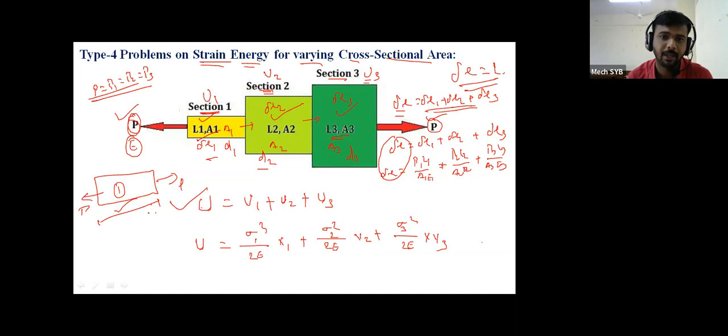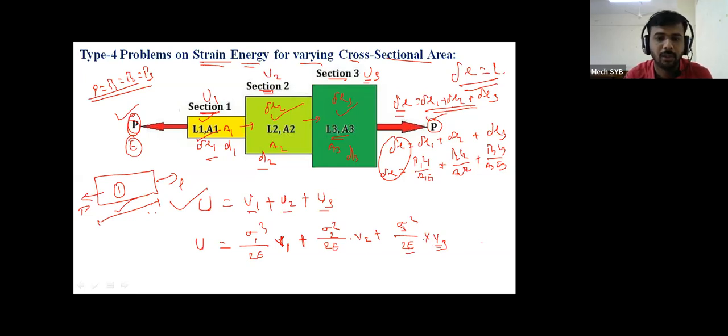Total strain energy capital U is equal to U1 plus U2 plus U3, and below that, capital U is equal to U1 means sigma 1 square upon 2E into volume V1, plus U2 is equal to sigma 2 square upon 2E into volume V2, plus U3 means sigma 3 square upon 2E into volume V3.